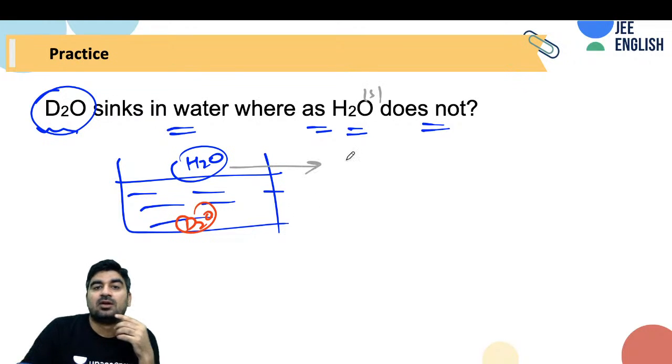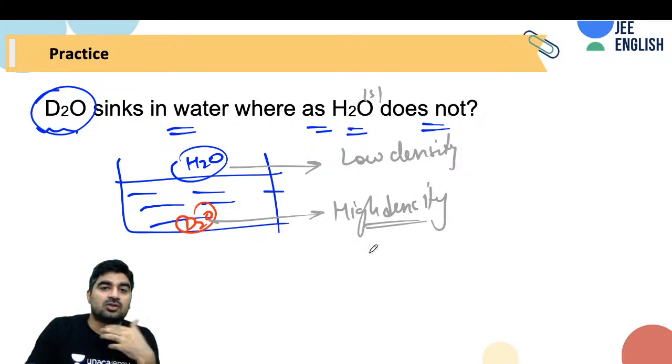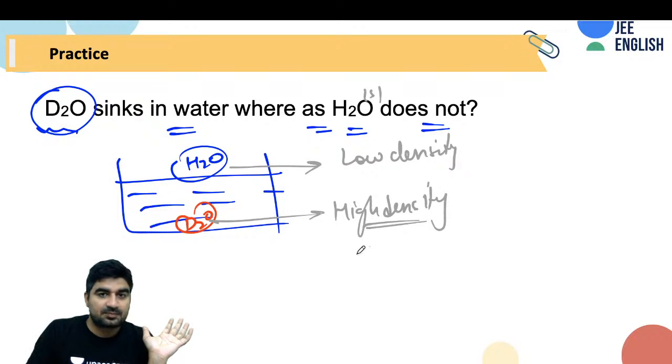Why? So one has low density and the other has high density. What is the reason behind it? What is the cause of low density of ice?